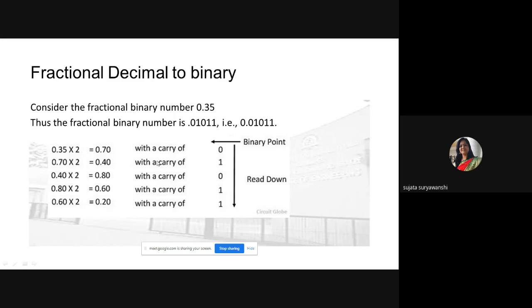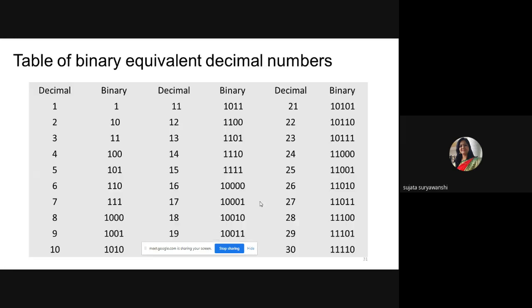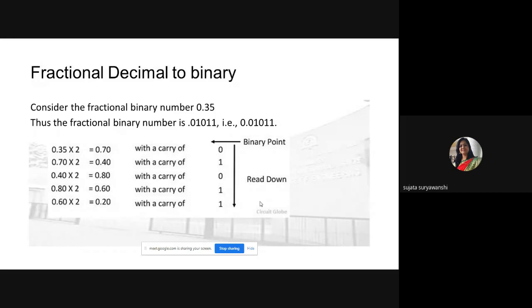I have written here 1, and I need to consider the fractional part, that is 0.40, like this. And after 4 to 5 successive multiplications, you simply have to write down all the carries generated in the multiplication in the forward direction, means from up to down. In this way you can easily convert.